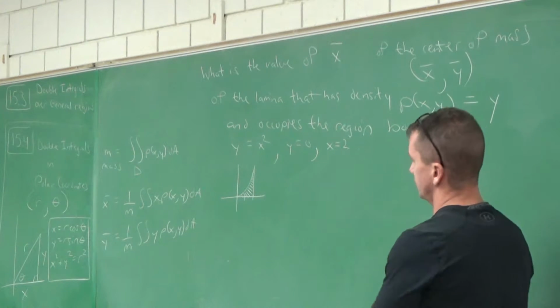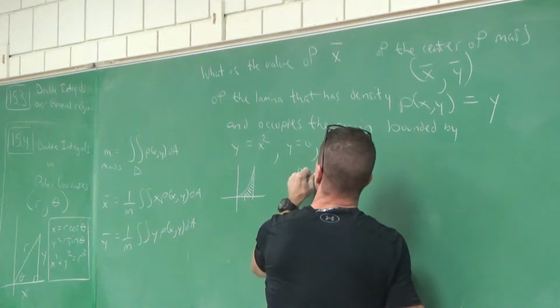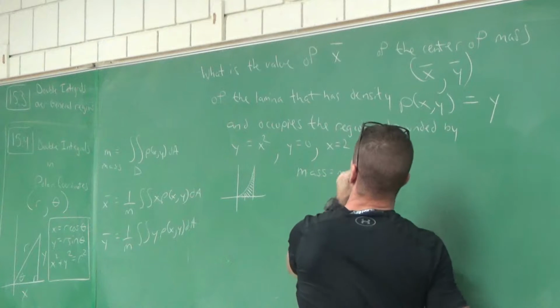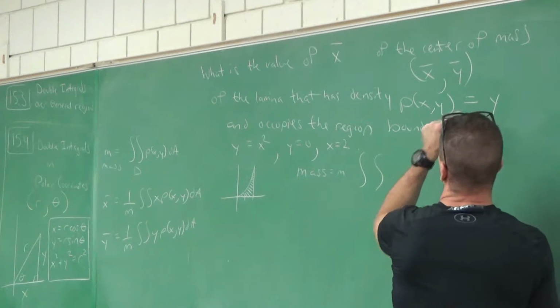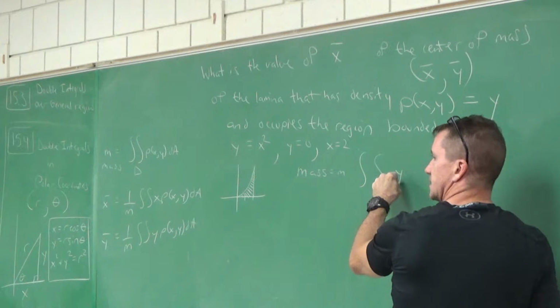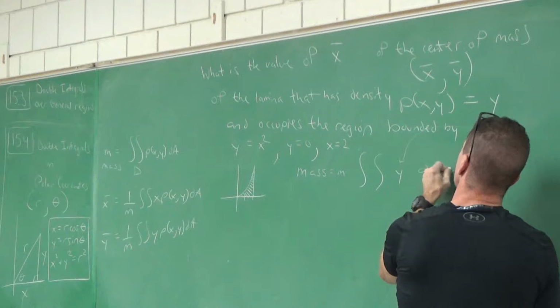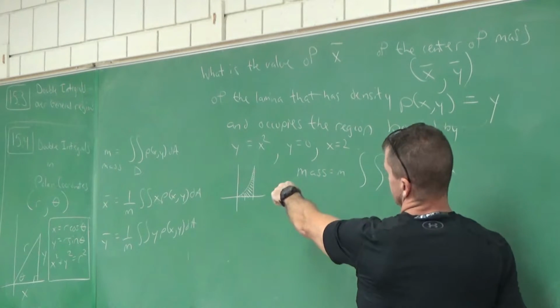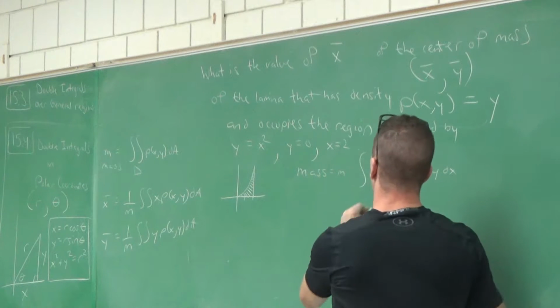Don't we got to get the mass first, though? So what's mass? Double integral. You want to do dy dx? Cool. That's the density, right? dy dx. Who's the top? x squared. Who's the bottom? 0.